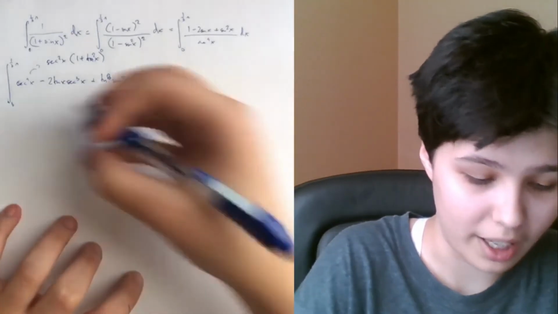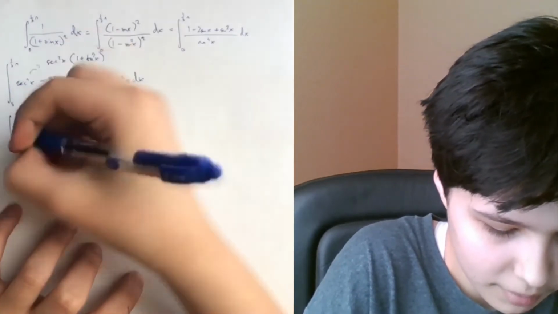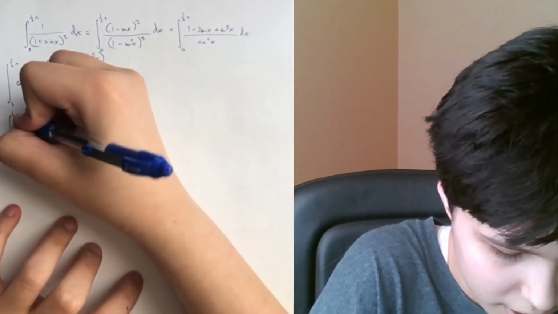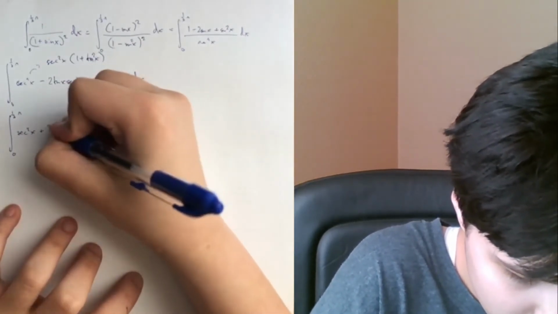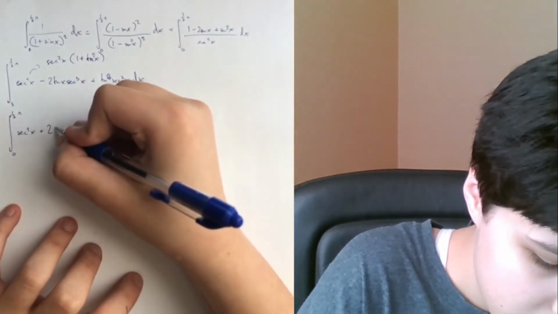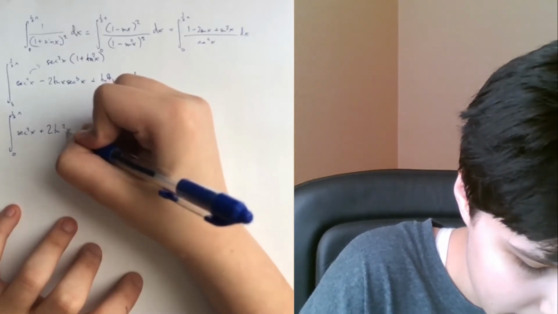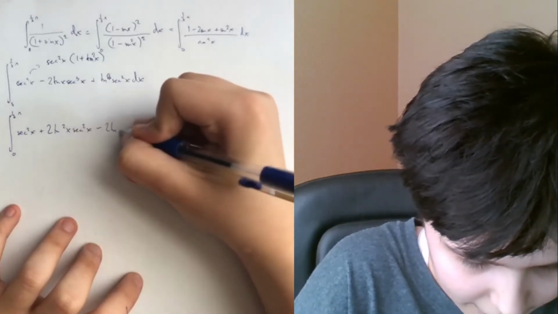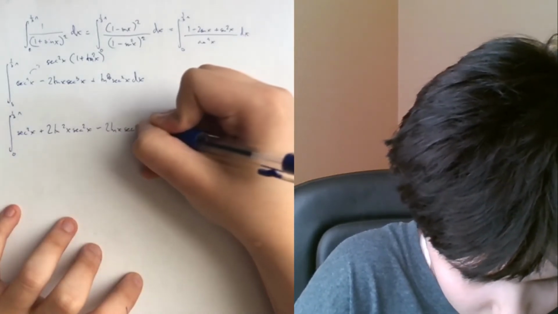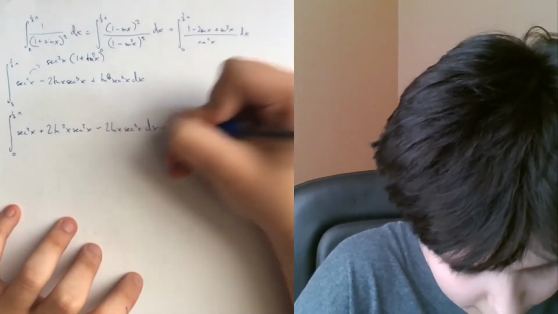I'm going to explain why later. This gives me 0 to a third pi of sec squared x plus 2 tan squared x sec squared x minus 2 tan x sec cubed x.